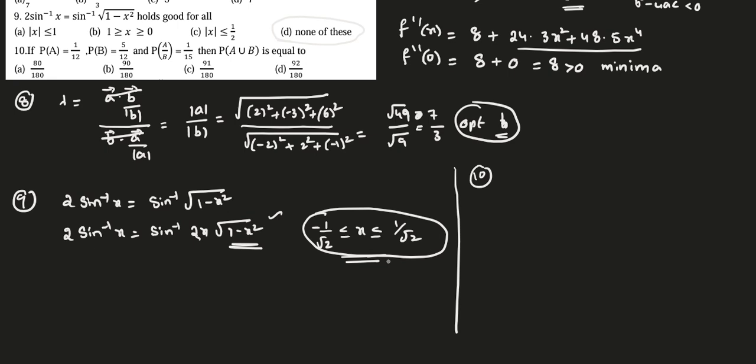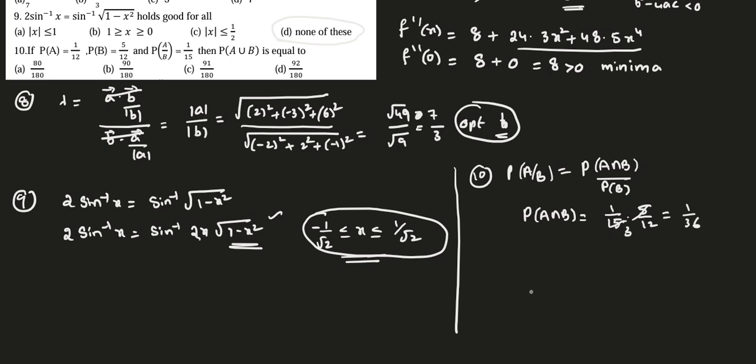So you have to find it first from the probability of A given B. The formula: probability of A given B is equal to probability of A intersection B divided by probability of B. Now from here, probability of A intersection B is equal to probability of A given B, which is given as 1 by 15, times probability of B, which is 5 by 12. 5 threes are 15, so 1 by 36 you'll get.